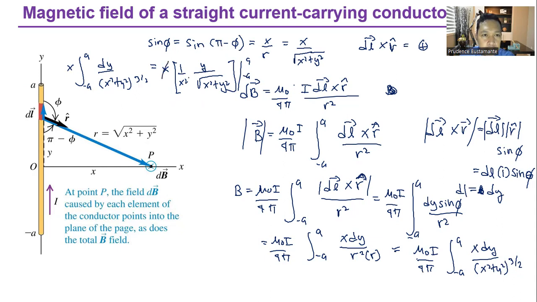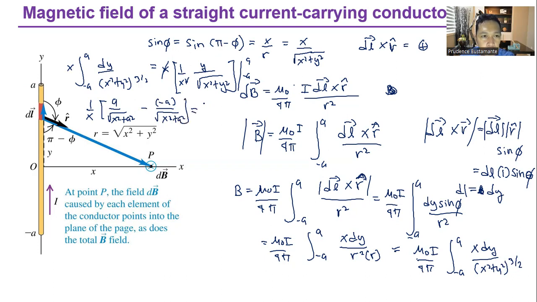So we can cancel this one, and we have 1 over x times a over the square root of x squared plus a squared minus negative a over the square root of x squared plus a squared.